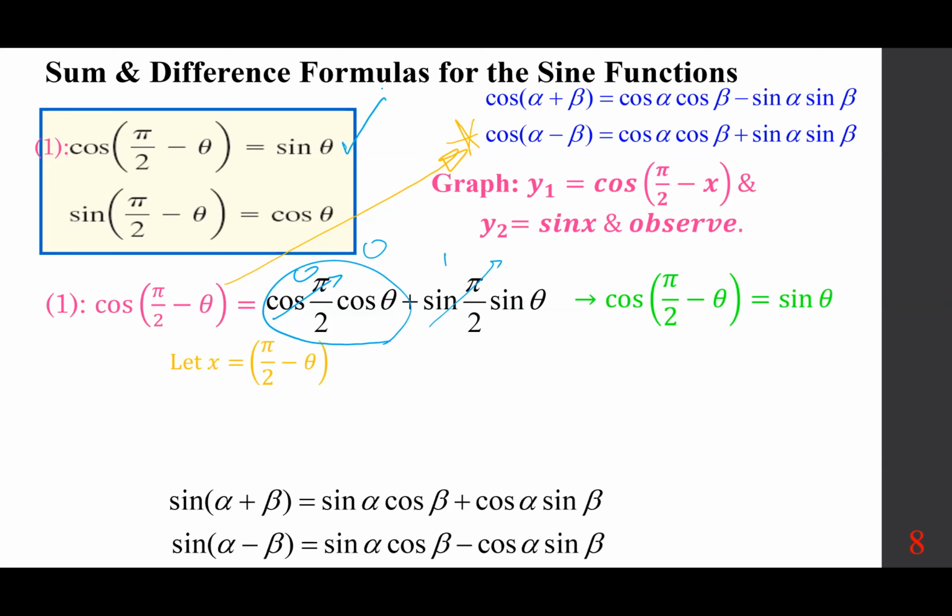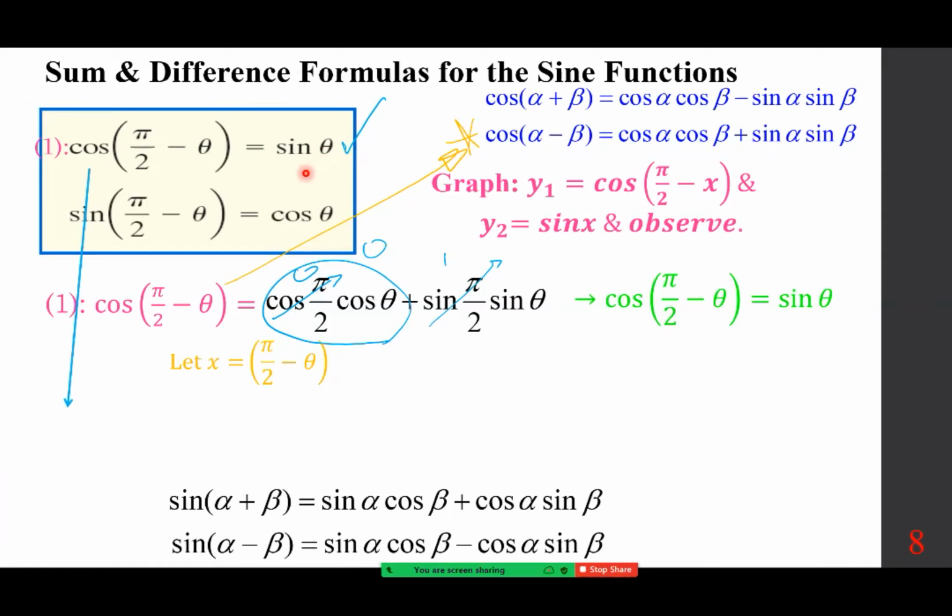If we let x represent pi over 2 minus theta, then cosine of pi over 2 minus x is sine x.